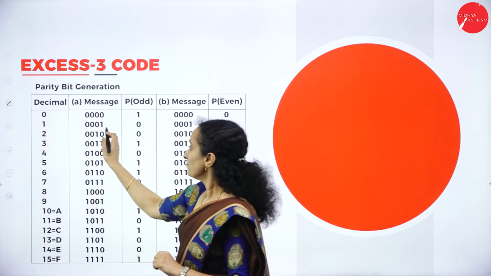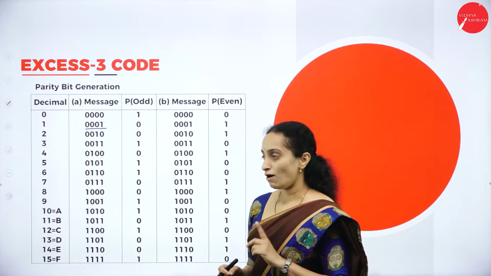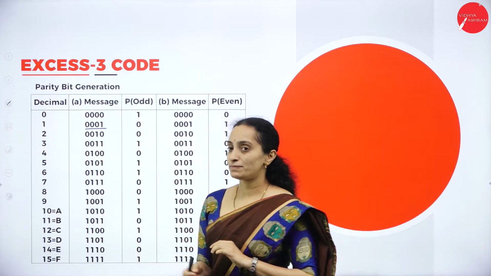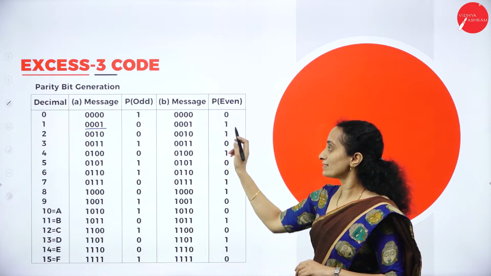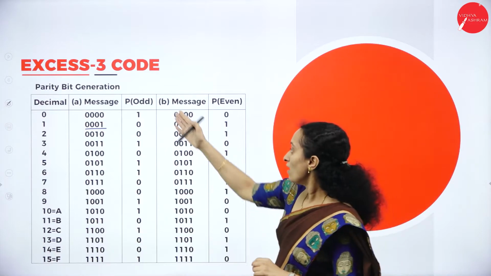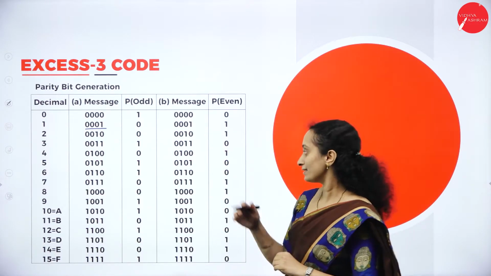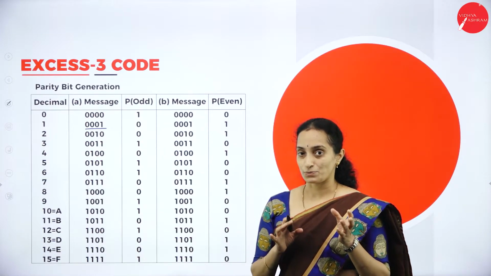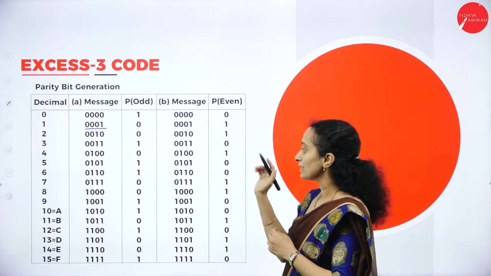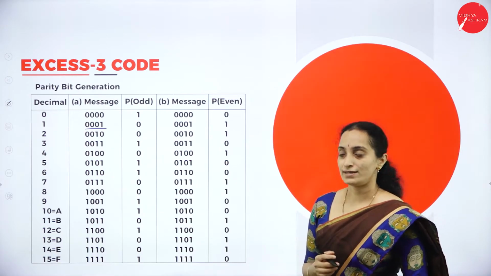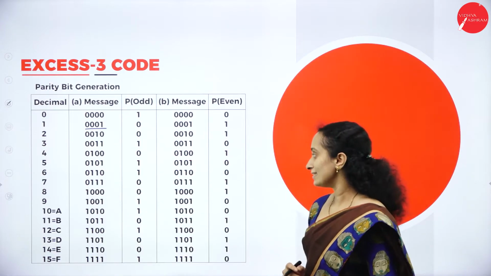Here, the number of ones is odd, so the parity bit is set to 0, whereas in even it will be set to 1. That means odd and even parity work in reverse manner. When odd is set to 1, even will be 0. When odd is set to 0, even will be 1. You have the tabulation of error detection in this.